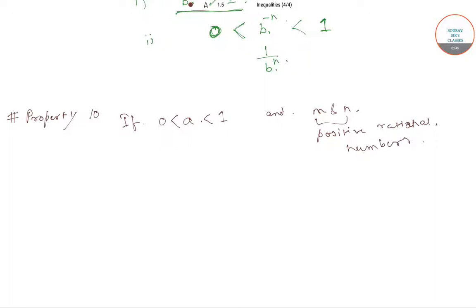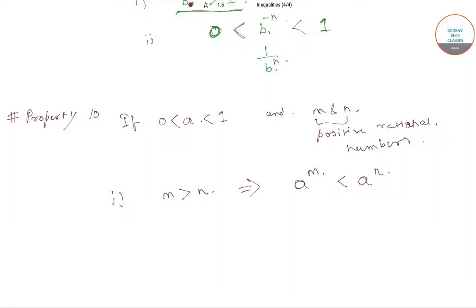In that case, suppose m is greater than n, then this would imply that a raised to the power m would be less than a raised to the power n.